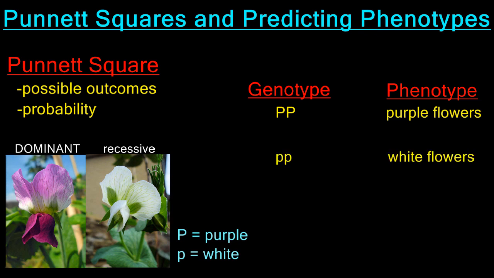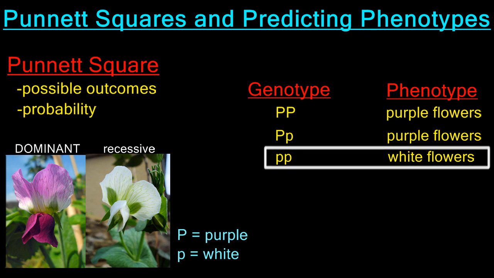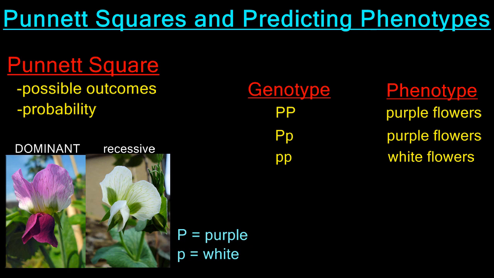A homozygous recessive individual would have the genotype little p little p, and the phenotype white flowers. A heterozygous individual would have the genotype big P little p, and, since purple is dominant over white, its phenotype would be purple flowers. Notice that the only way to show a recessive phenotype is to have a homozygous recessive genotype.